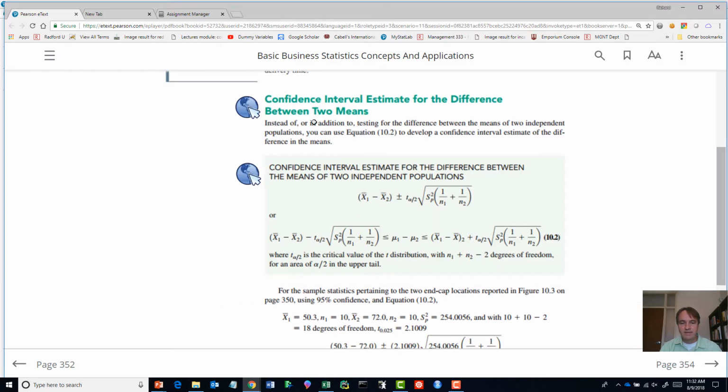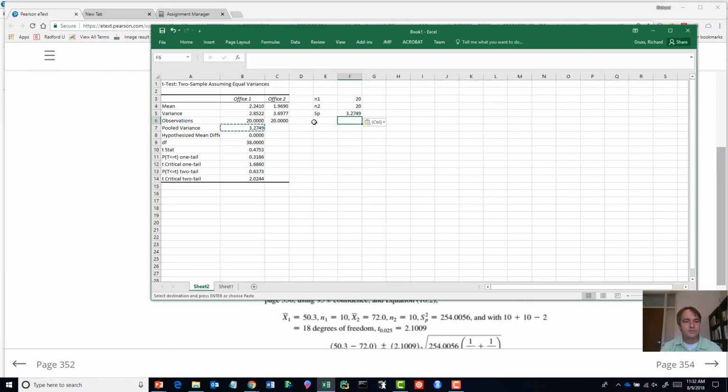And we need to have the t of alpha over 2. What does that mean? That's just the critical value for two-tail, so that's going to be 2.0244. We'll call this the t-val.